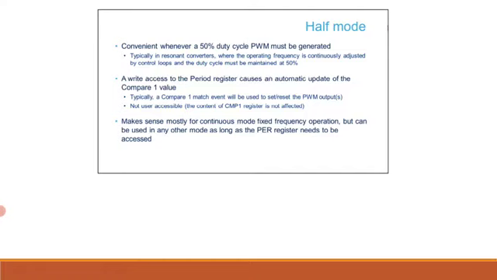As soon as a new period value is written into the period register, the compare value is also updated to the period divided by 2, so that the output reset event will still happen right in the middle of the PWM waveform. This is particularly useful for continuous mode fixed frequency operations, but it can be used in any other mode as long as the period register needs to be accessed.